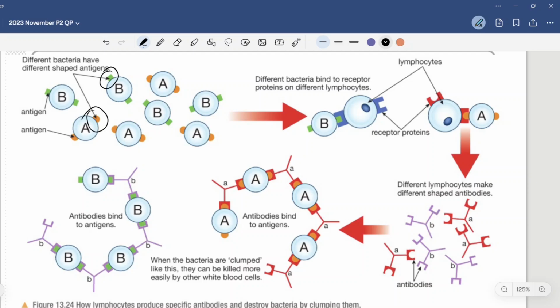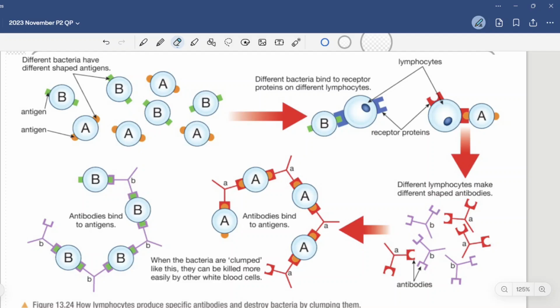You can see different pathogens have different antigens. When we're using a vaccine, we are injecting a person with that antigen, usually in the form of a weakened virus, for example, or a dead pathogen or dead bacteria.